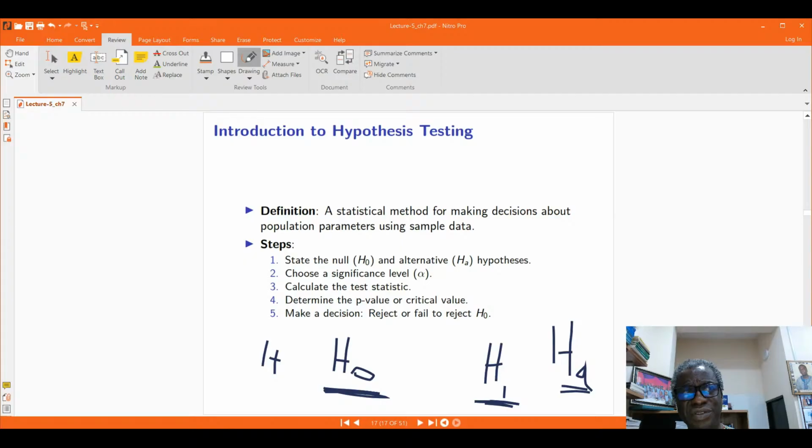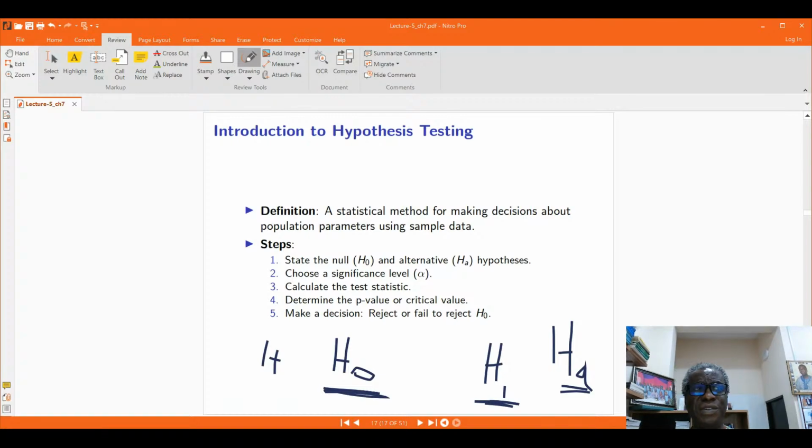If your level of confidence is 95%, then your significance level is 0.05.